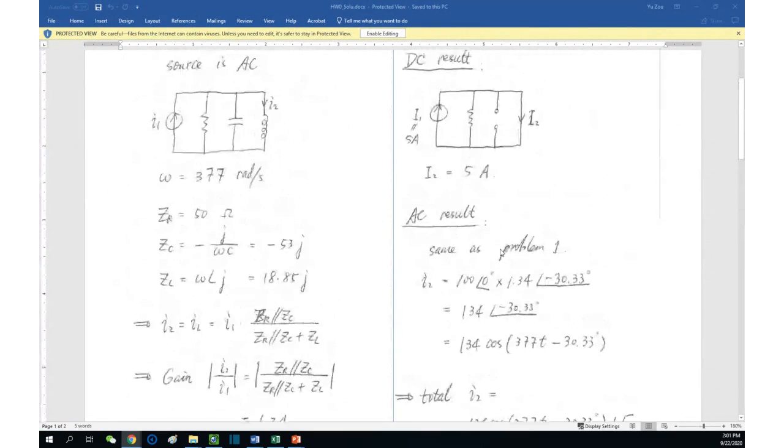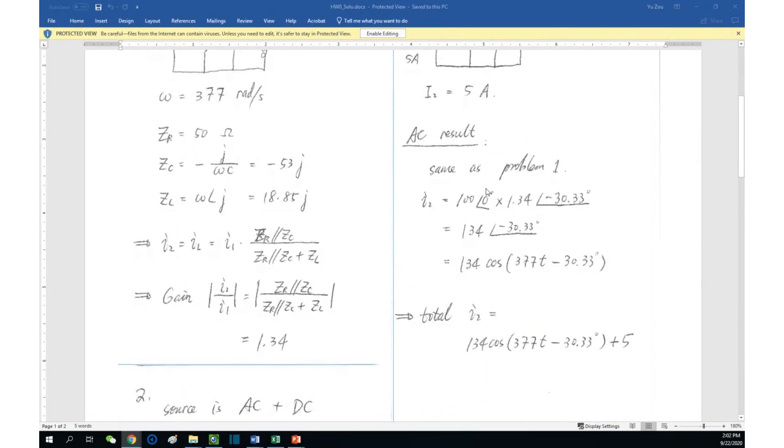Based on that, when the source is DC, the capacitor is open and the inductor is short. The current flowing through the shorted inductor just equals the total source current, 5 ampere. That's why you have a 5 ampere DC here in addition to the AC result. So this result is a superposition of DC and AC.